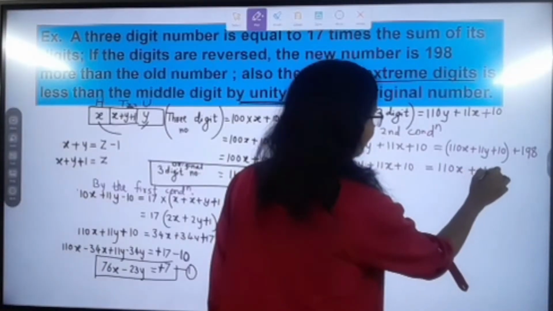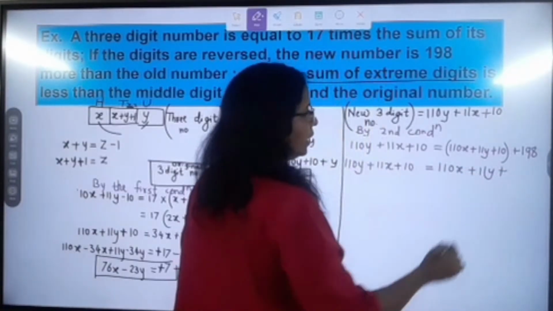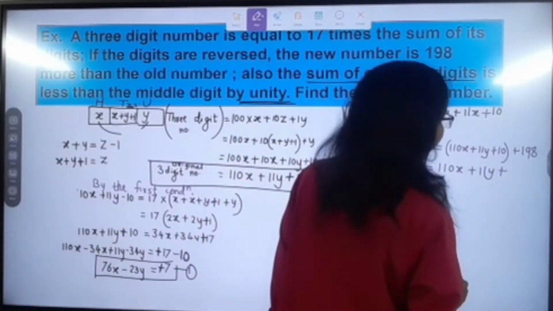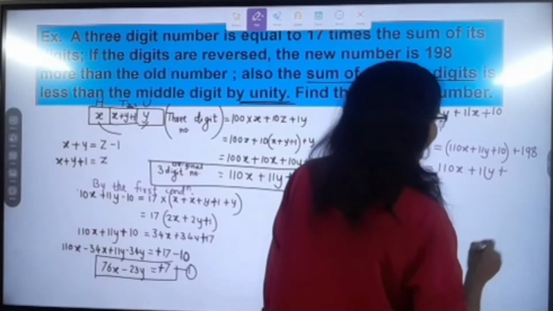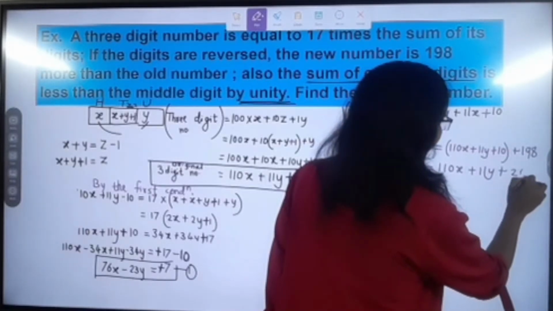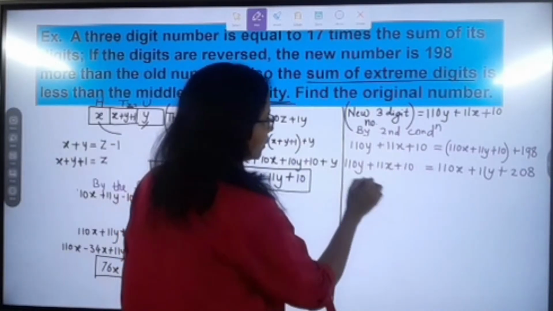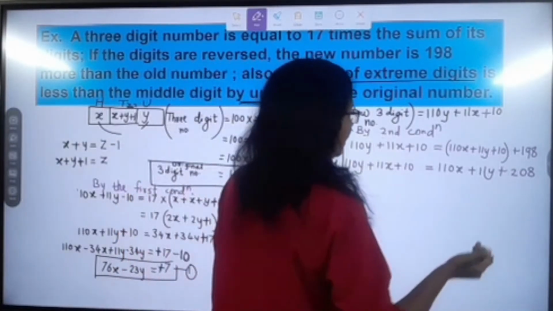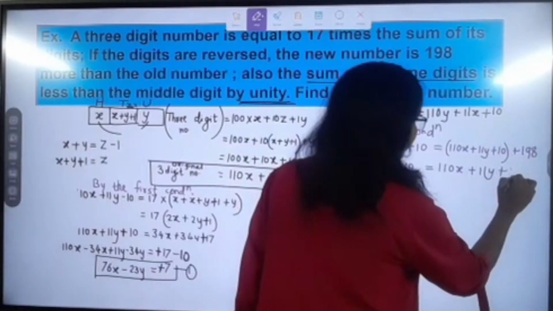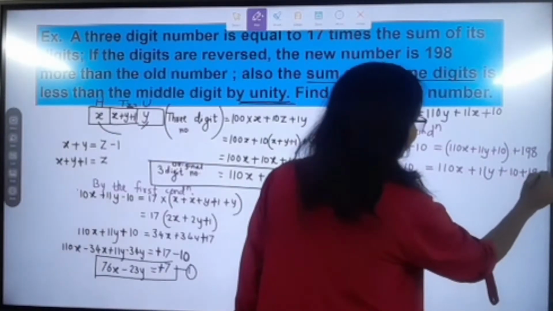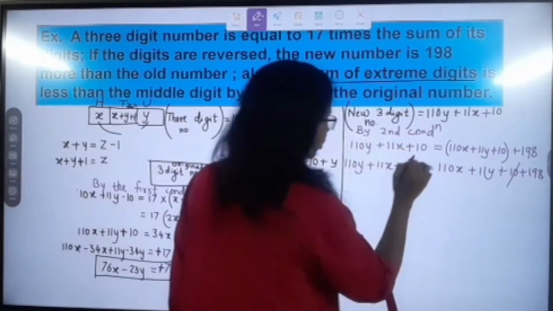And then here, students, you can cancel out that 10, because 10 is on both the sides.